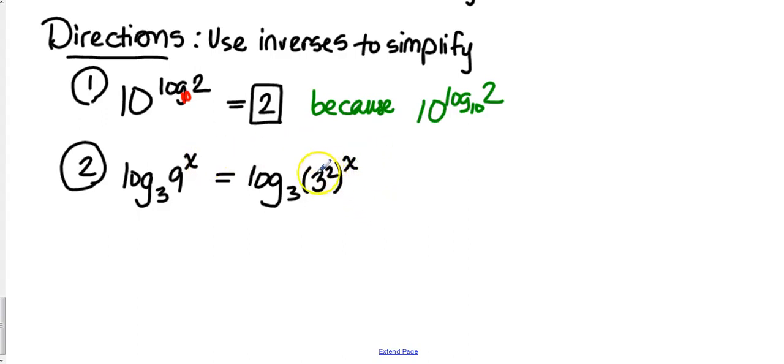And x is still the exponent. So 3 squared to the x. Power over power, we multiply. So that will equal log base 3 of 3 to the 2x. All I do is multiply 2x. Now what happens with log base 3 of 3 to the 2x?